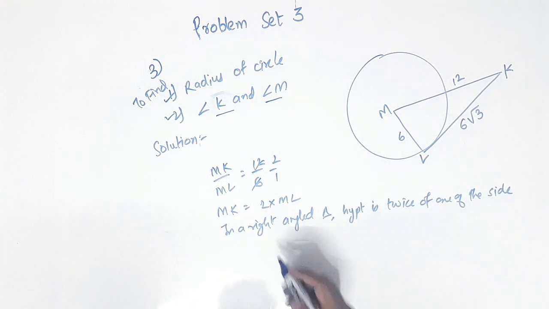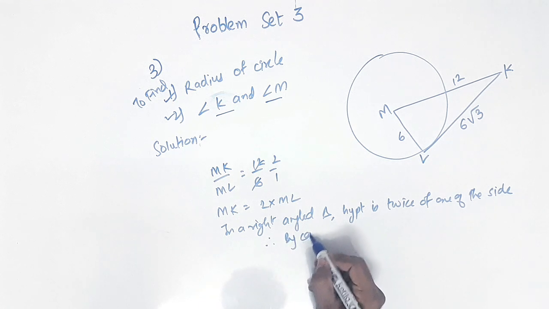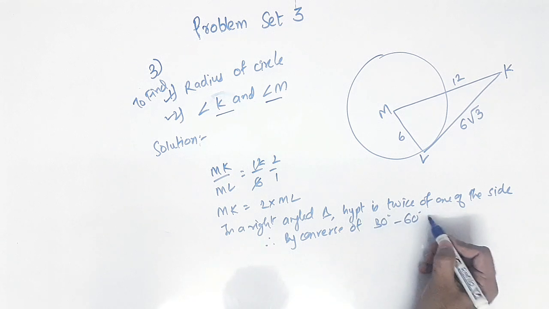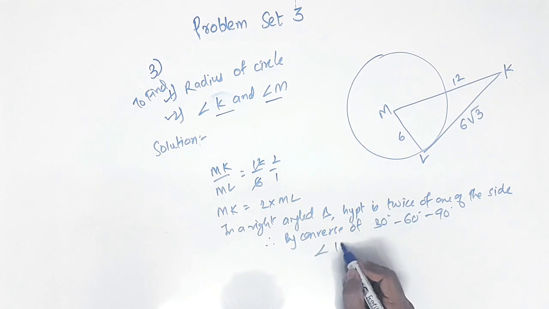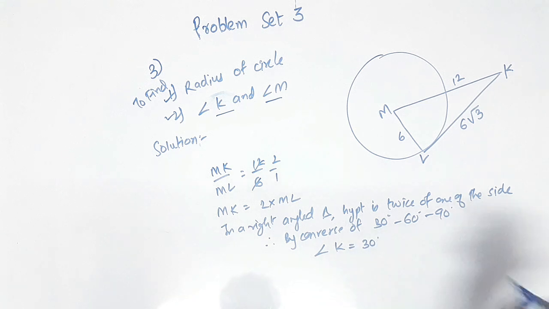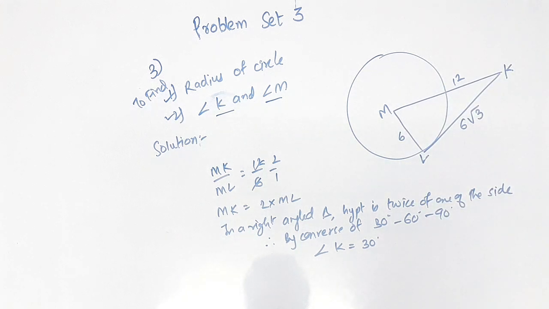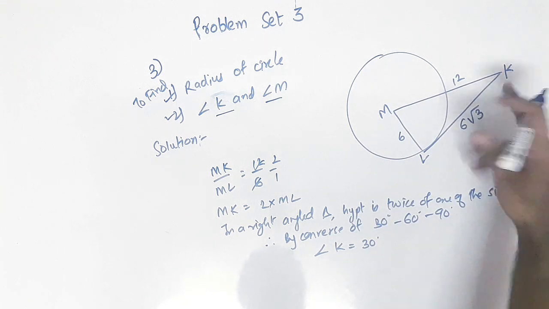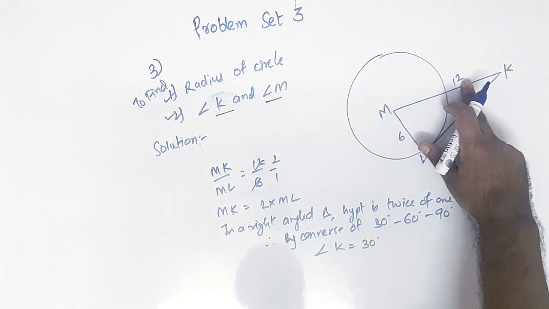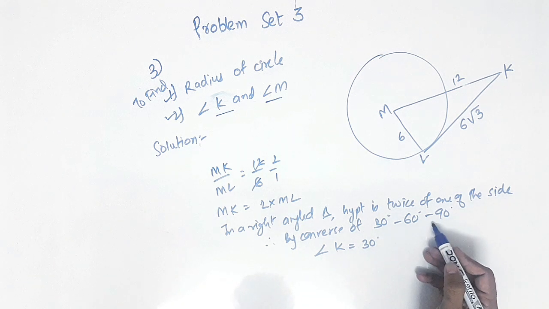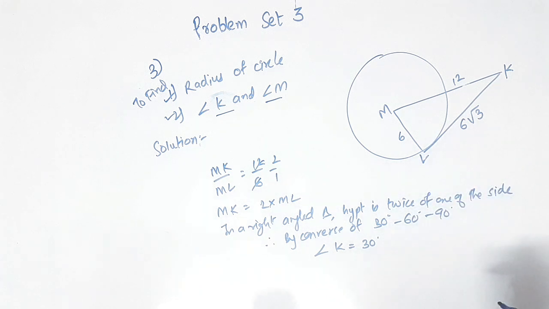Therefore by the converse of the 30, 60, 90 degree theorem, angle K equals 30 degree, because its opposite side is half of the hypotenuse. You know by the 30, 60, 90 theorem, the side opposite to 30 degree is half of the hypotenuse. So now we are getting one side as half of the hypotenuse. That means its opposite angle is 30 degree. Correct? Now we have got the type of the triangle. This triangle type is 30, 60, 90.